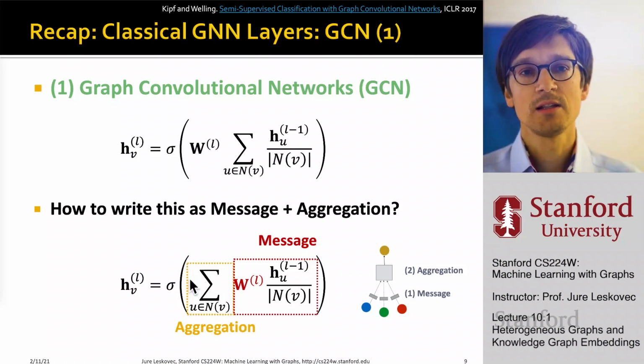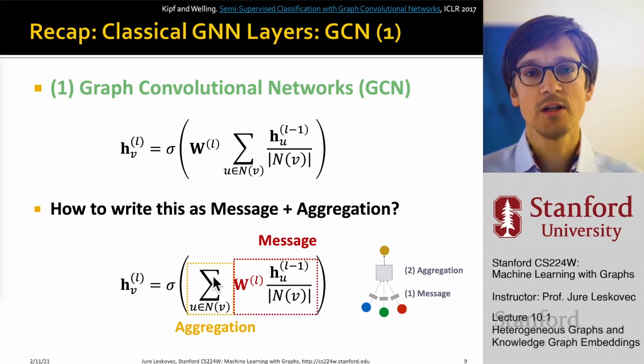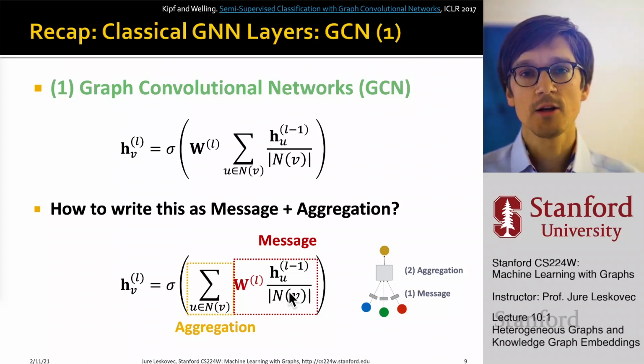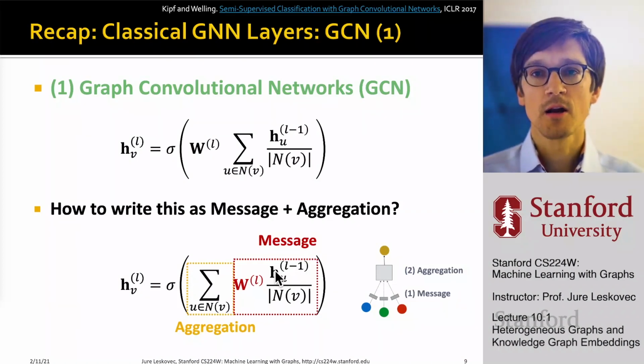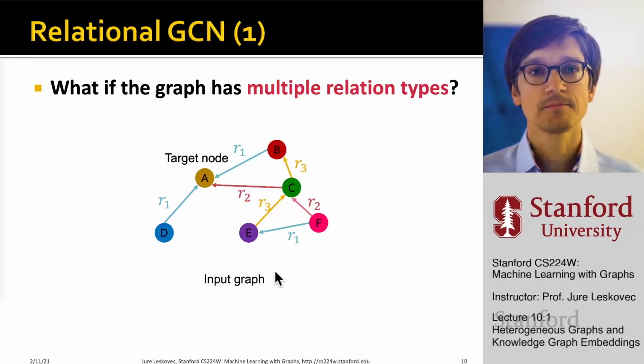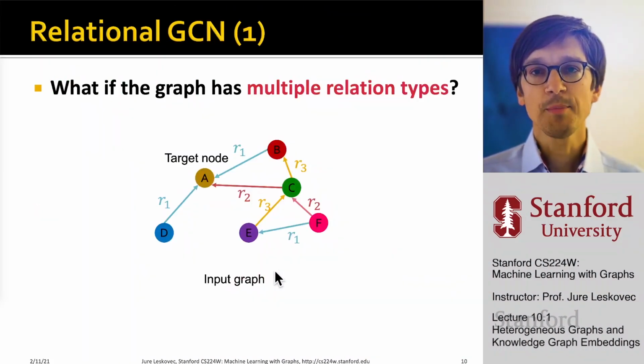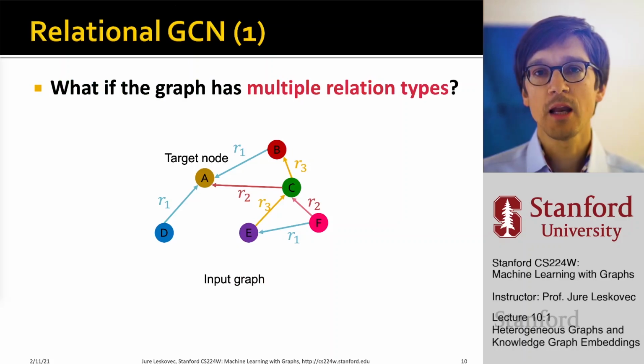So the way you can think of this is that the aggregation of a GCN is an average pooling type of operator because of the summation and normalization here, and the message transformation is a simple linear transformation. So now what happens if we have multiple relation types?